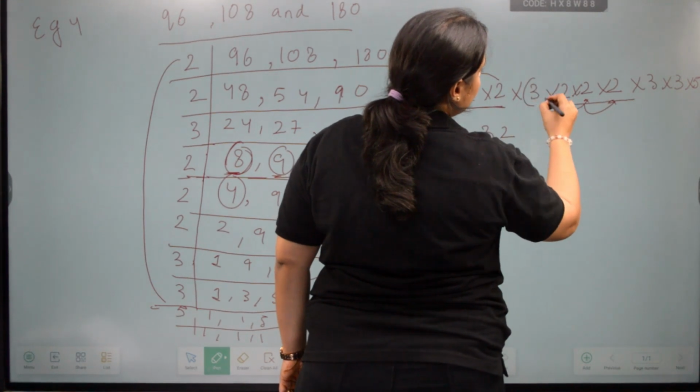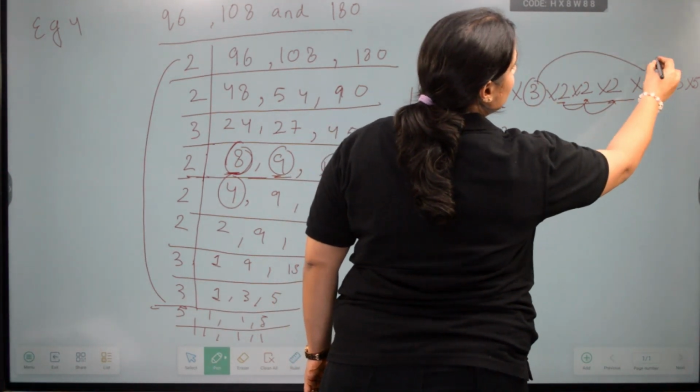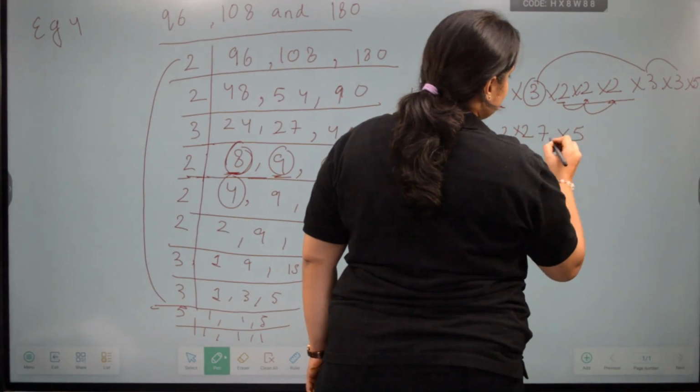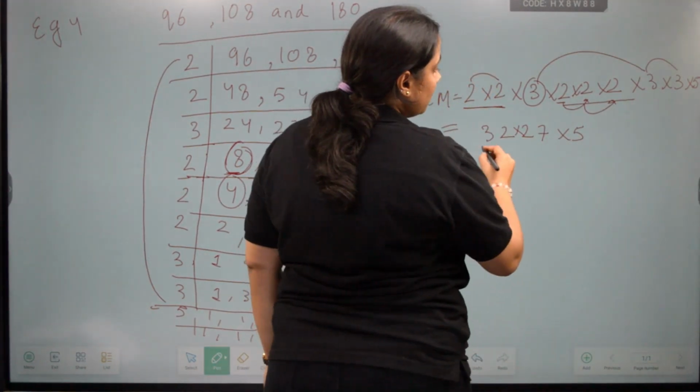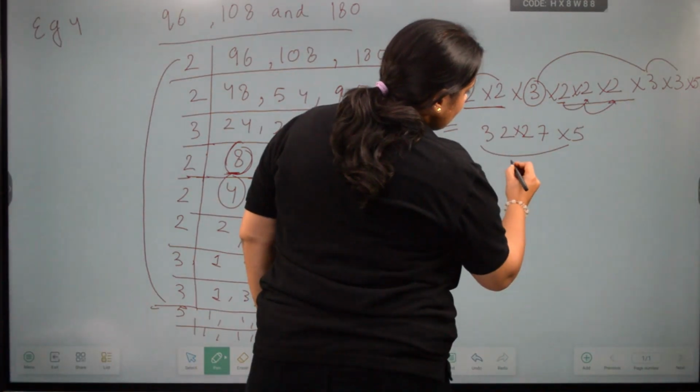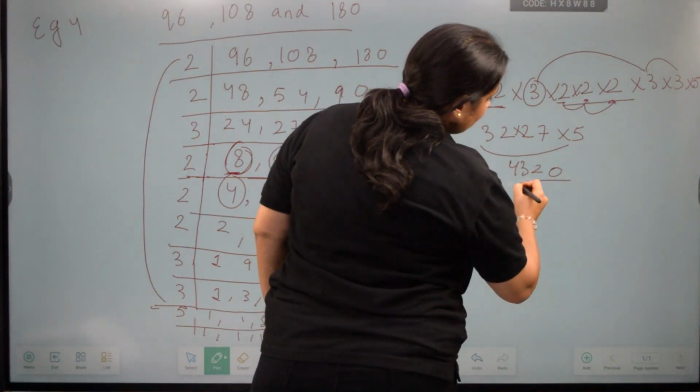And all the 3's together: 3 into 3 is 9, 9 into 3 is 27, and the rest is 5. Now multiply these numbers. On multiplying, this will become 4320.